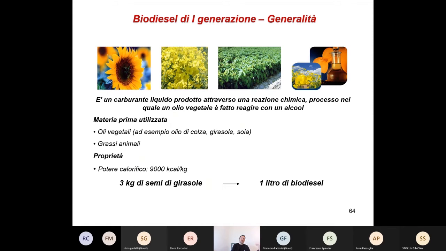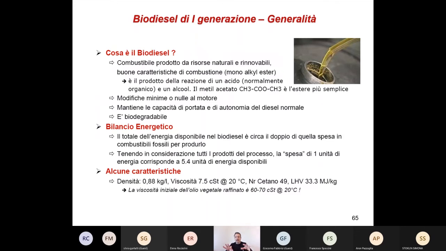And here where we are, I said that bioethanol is very different from gasoline. They are two different things, but you can also use a percentage of bioethanol together with gasoline.